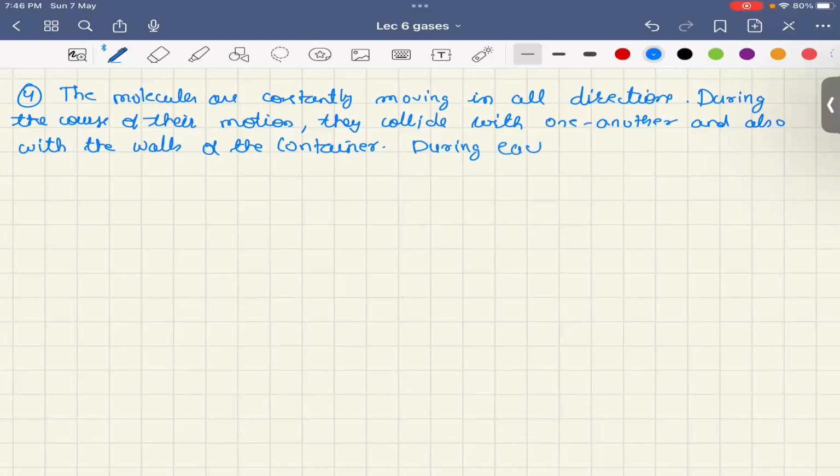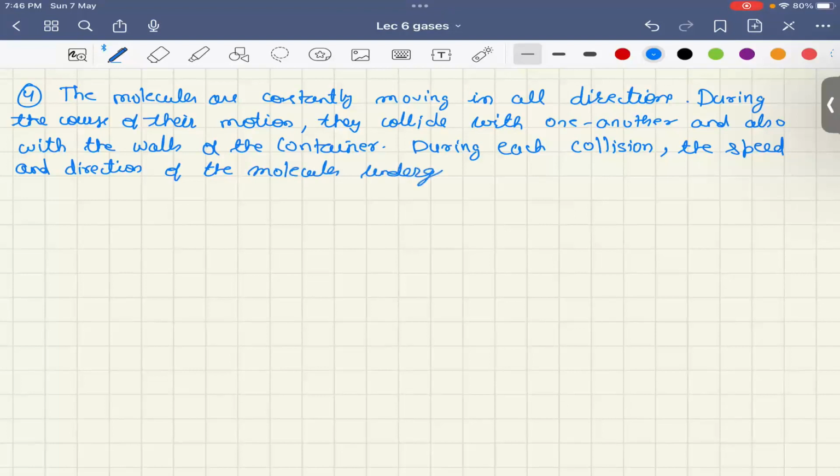During each collision, the speed and direction of the molecules undergo change, right?